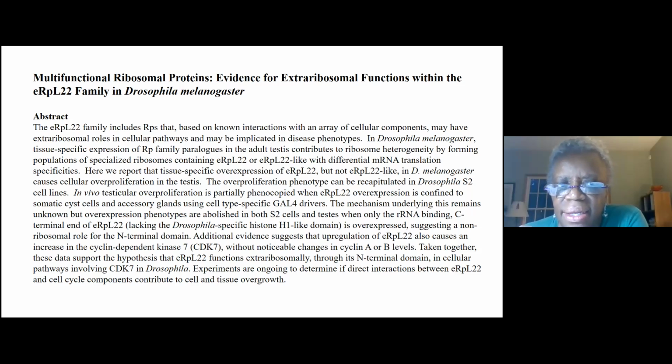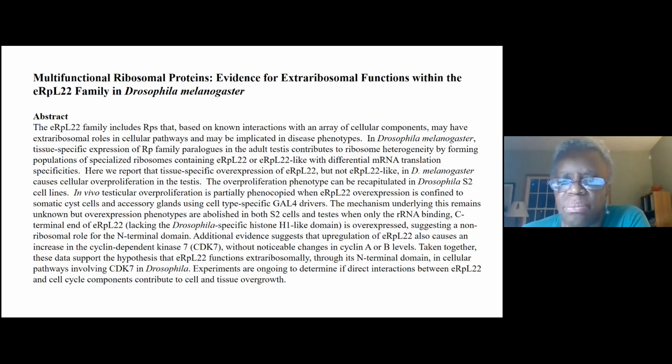You say that this particular protein, when too much of this protein is made in the testis, it has the impact of having cells divide when they should not be dividing.